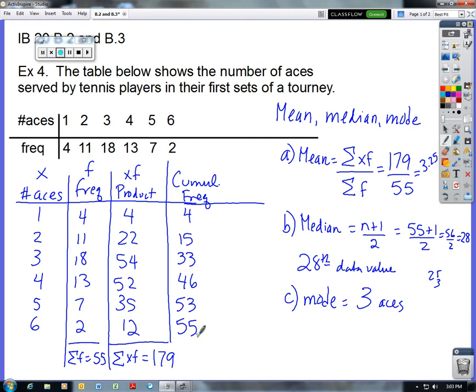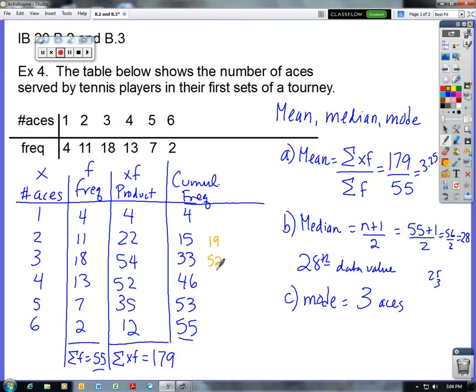And this number, by the time you get down to here, it should equal this number. These should be the same because you've added up all the frequencies. So now, our median is the 28th item. So 4 plus 15, that's the 19th item, is that last 11. And then if I add 33 to that, that's 52.